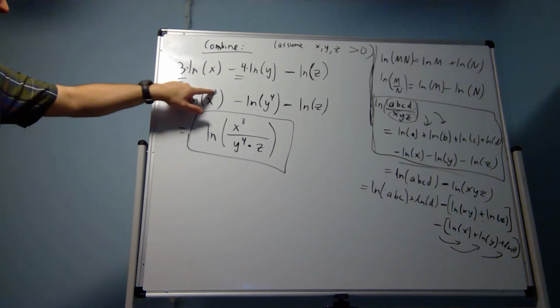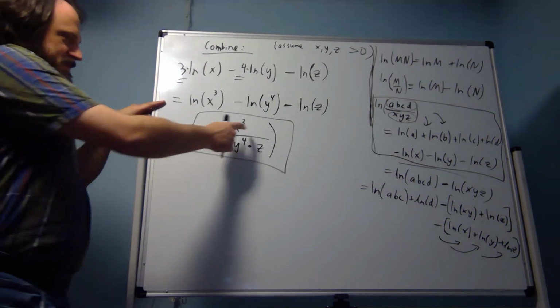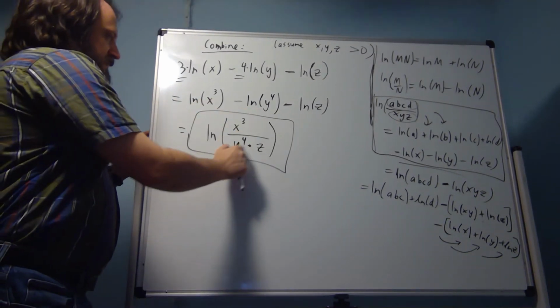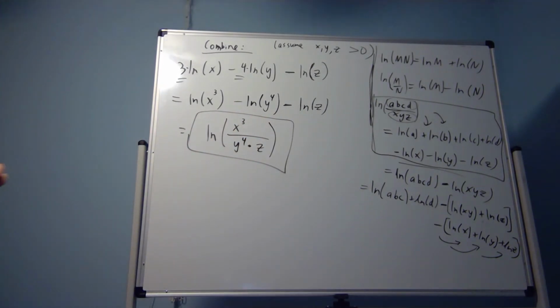So you put it inside as an exponent. And once your exponents are all on the inside, then you multiply by the pluses and you divide by the minuses, and that's really all there is to those.